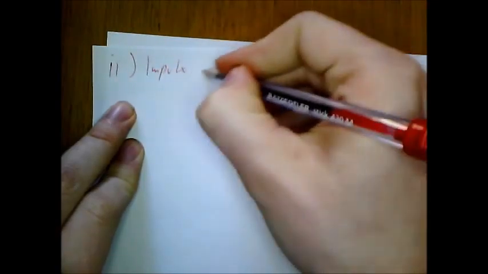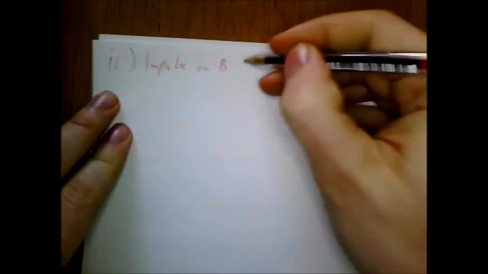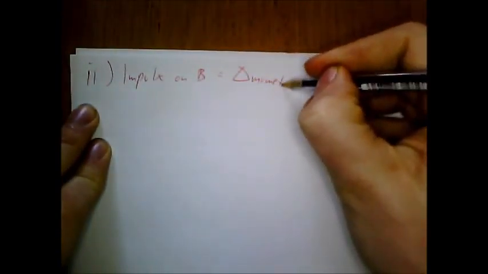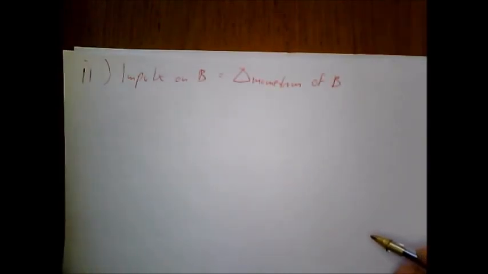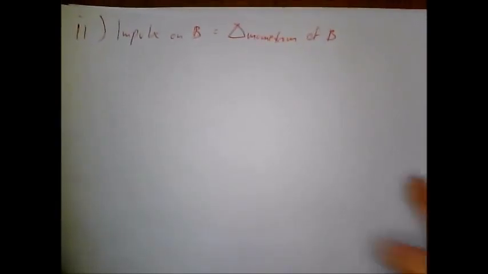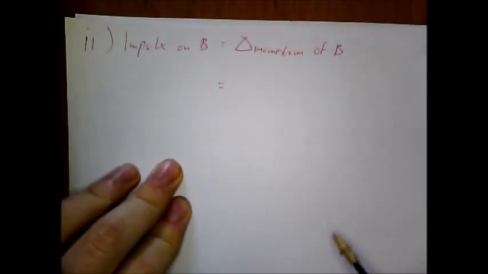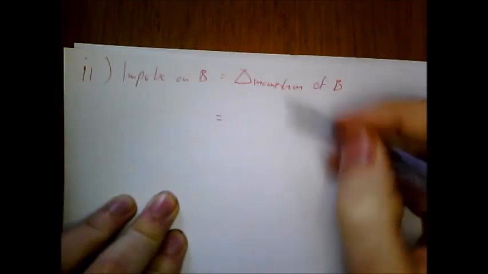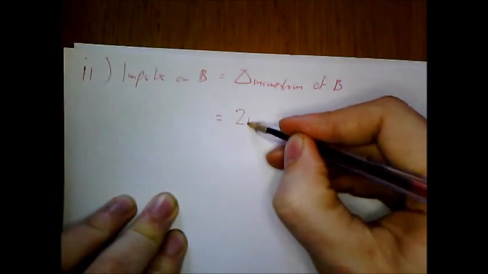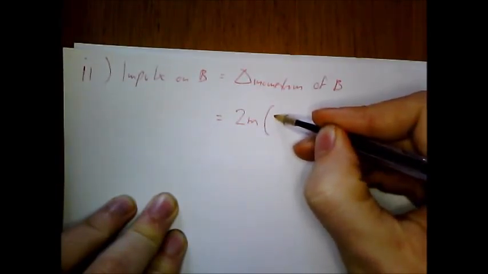Now for part 2, we want, in terms of m, the magnitude of the impulse that A exerts on B. So we're being asked for the impulse on B, which is the change in momentum of B. The momentum of B started at 0, so it's just 2m lots of its new speed, which was 2 2/5.